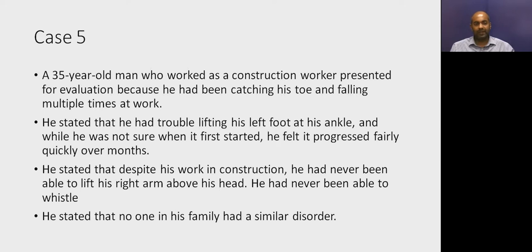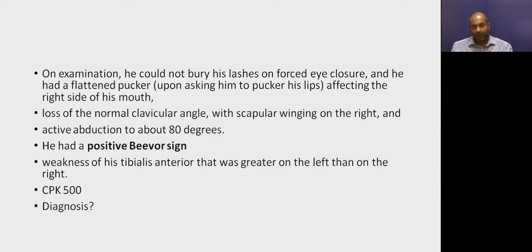He also stated that despite his work in construction, he has never been able to lift his right arm above his head. So there is some weakness of the periscapular muscles. And he has not been able to whistle. There is some weakness of the facial muscles. No one in his family has a similar disorder. On examination, he could not bury his lashes on forced eye closure.